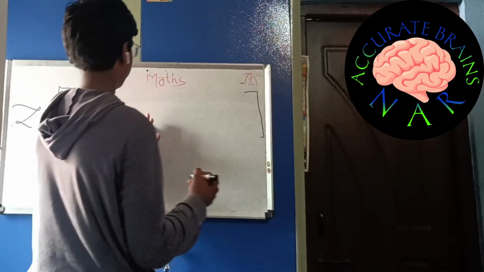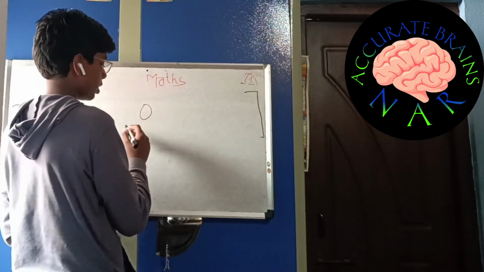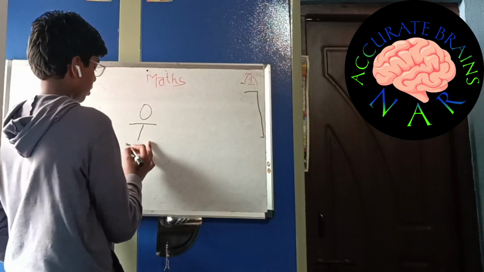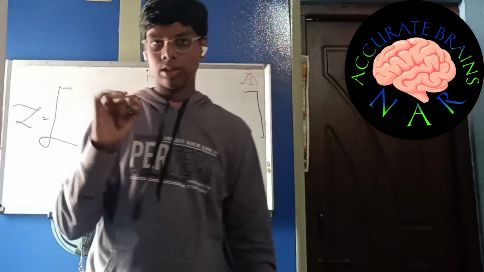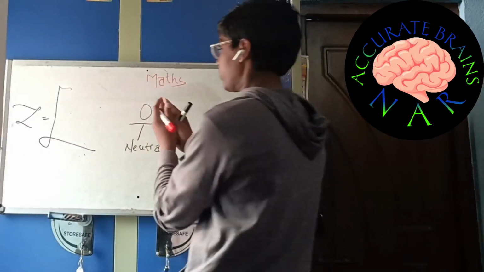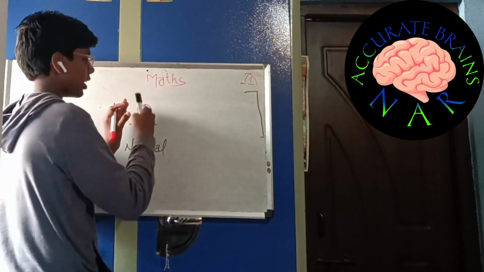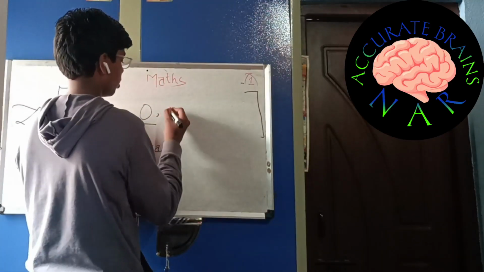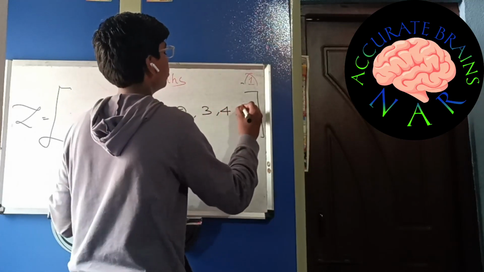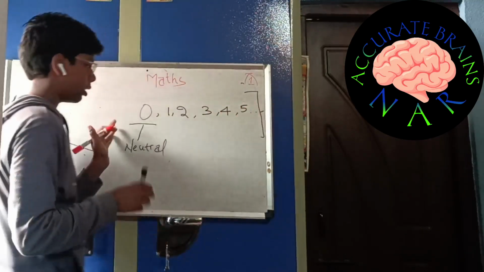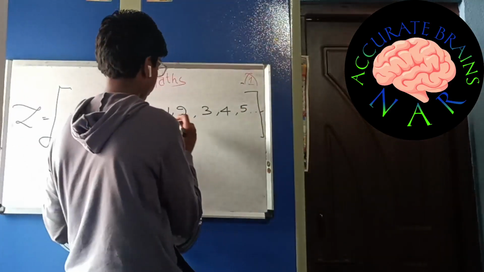In the middle is the neutral number, 0. On the right side of 0, we have 1, 2, 3, 4, 5 and so on. These numbers are called positive numbers.